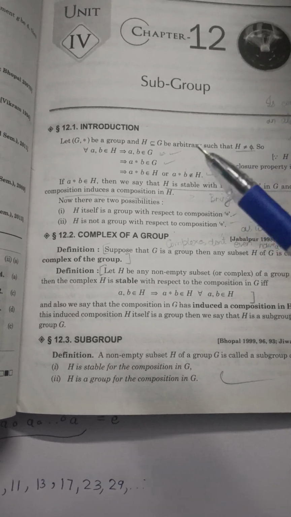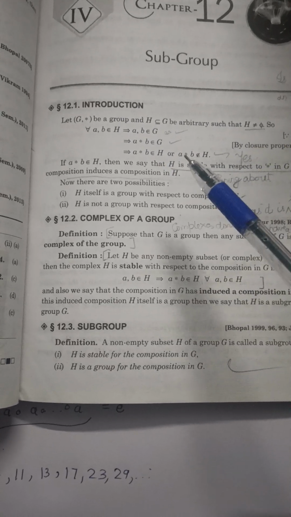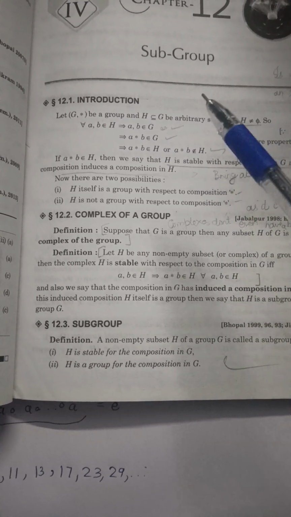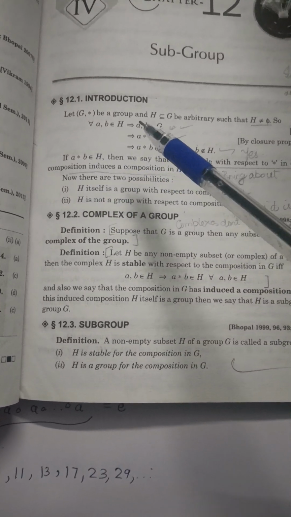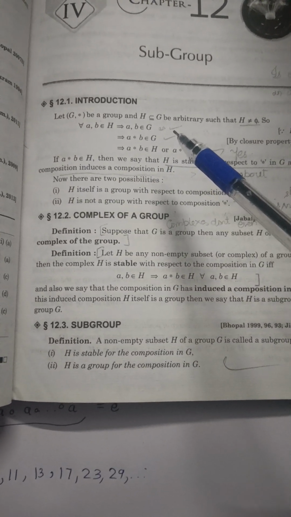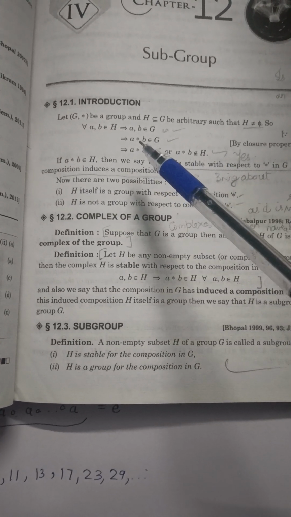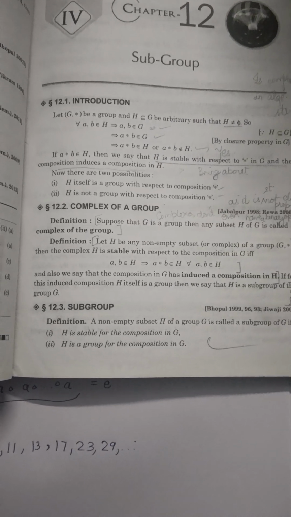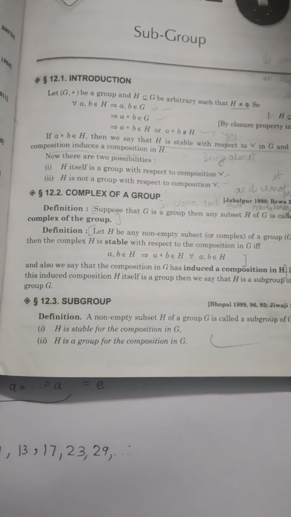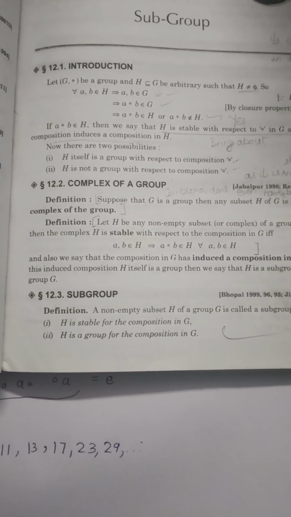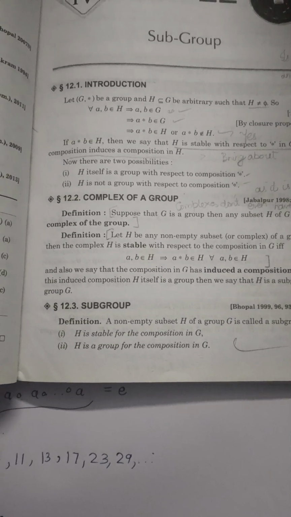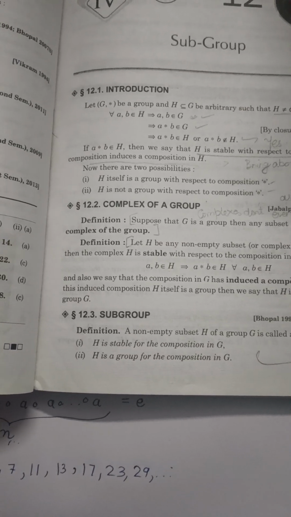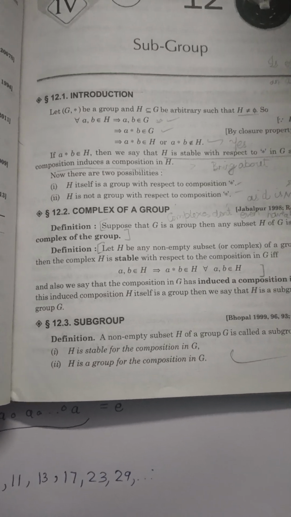A subgroup is any non-empty subset H of a group G which is a group in itself. That is, H is also a group under the same operation.